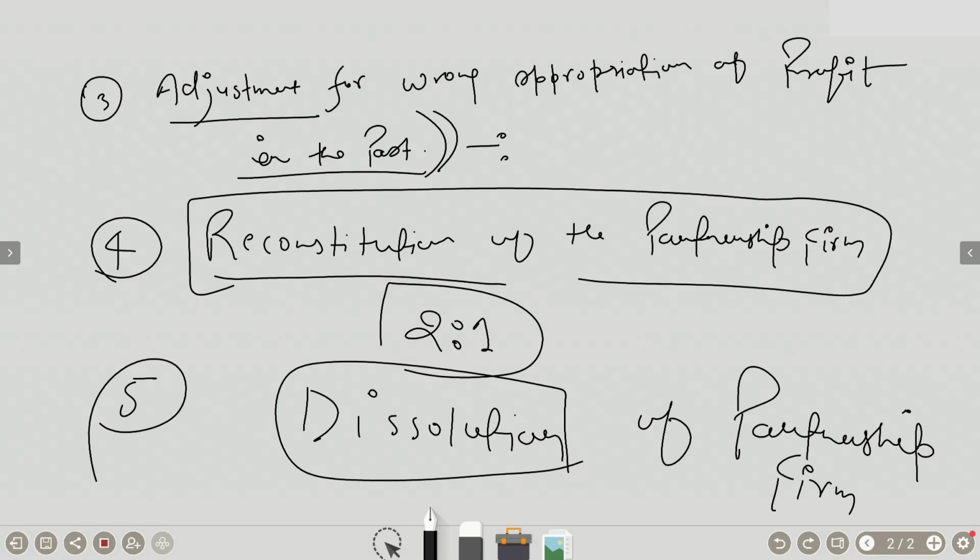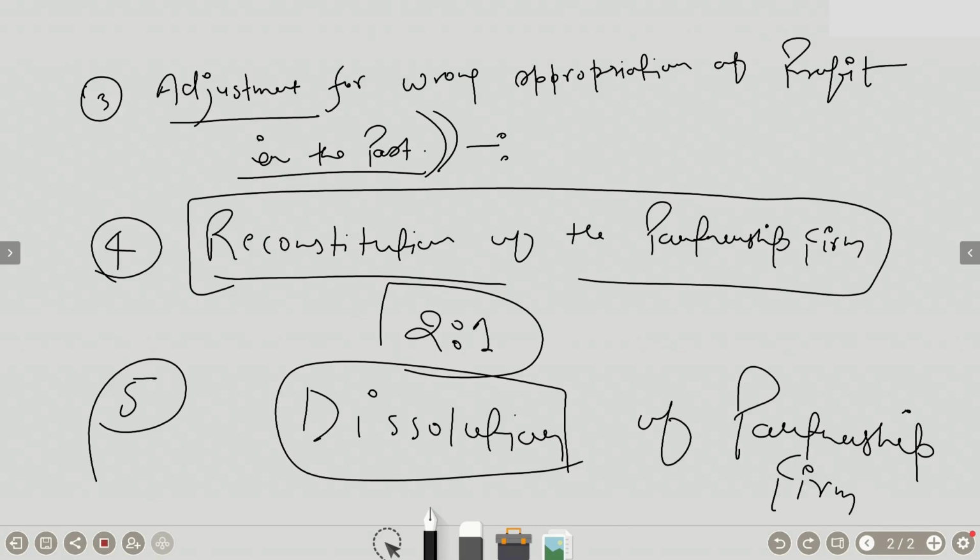How does the partnership firm get wound up? In what circumstances does a firm get wound up?